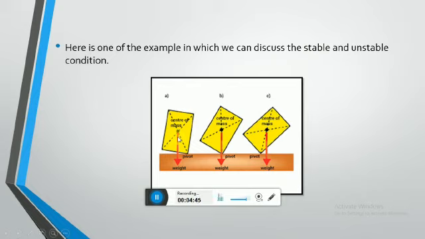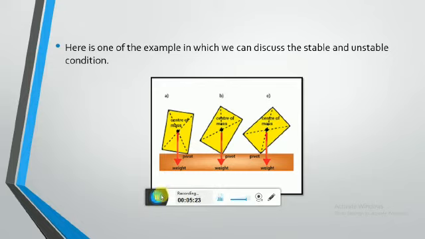But if it crosses the center of gravity line, then it will not return to its original position. So in cases 1 and 2 the body is stable, but in figure 3 the body is unstable. In a stable state the body returns to its original position, but in an unstable state it will not.